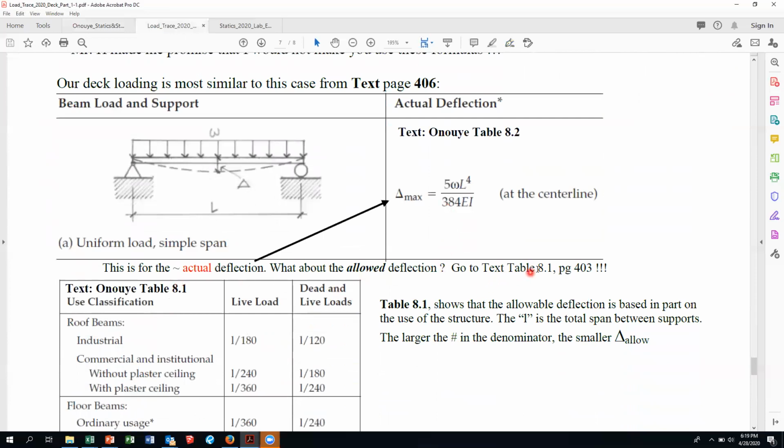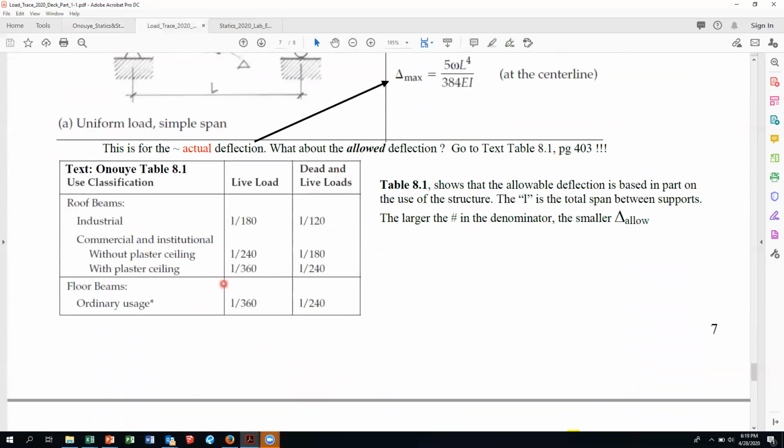Well, let's go to table 8.1, page 403, which we just were talking about. And again, the L is the total span between supports. The larger the number in the denominator, the smaller allowable deflection you're dealing with.